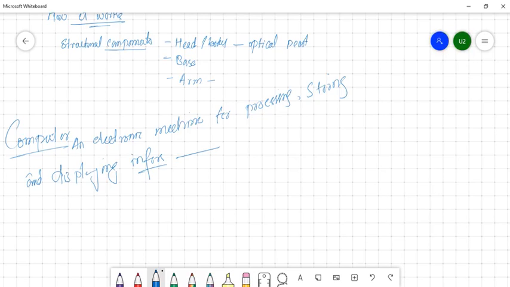Historically, we say that computer once meant a person who did computation, calculation. And the first of its kind, the original, is called, let me write it, ENIAC.